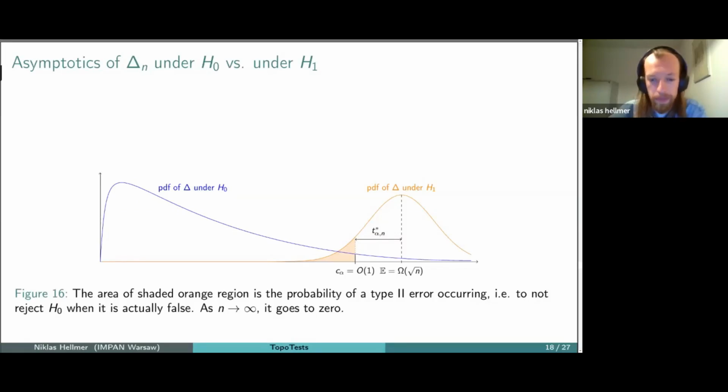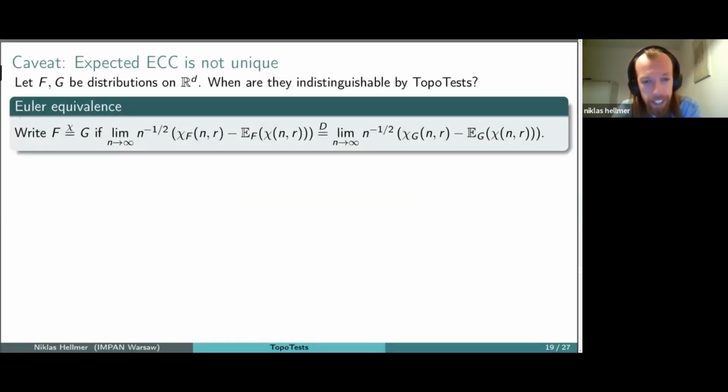Okay. And now comes the caveat. Namely, we remember from classical topology, the Euler characteristic is not an injective invariant. Two different topological spaces can have the same Euler characteristic. And the same holds true in the statistical setting.